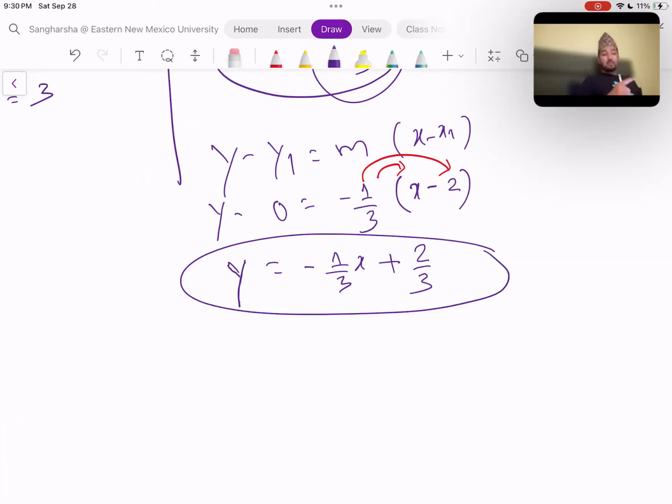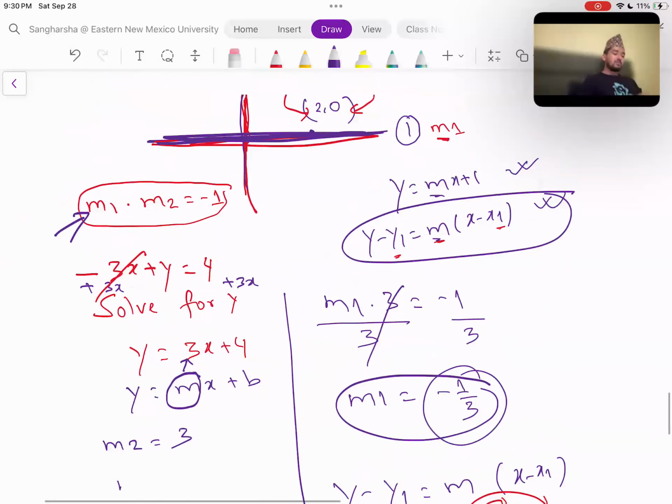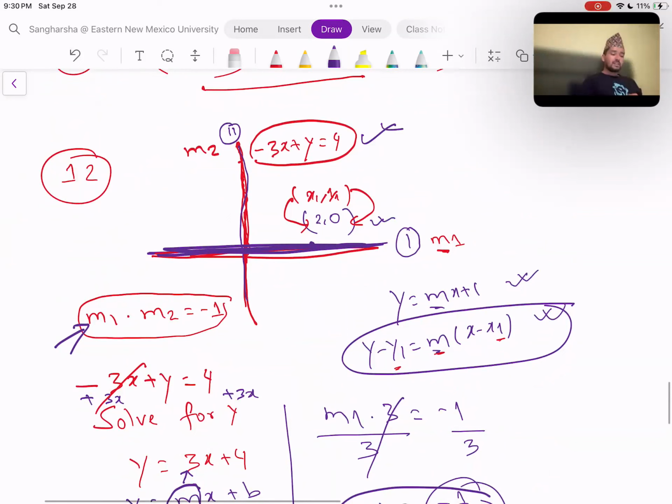And this type of question is very important. It means you're going to have one question that is guaranteed 100% similar to this one. The only difference is that you won't get exactly the same equation, you won't have exactly the same point, but it's guaranteed that you will have a very similar question.